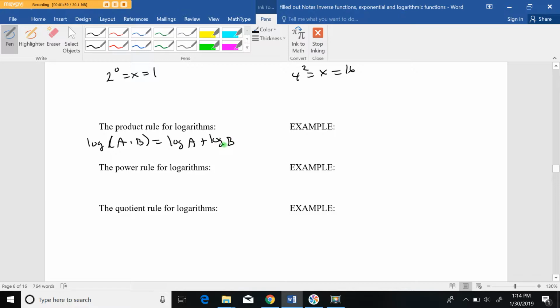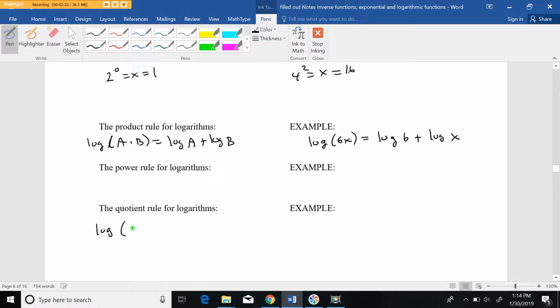All right, an example. If we had log of, say, 6x, we can write that as log of 6 plus log of x. I like to remember this: the log of a product is the sum of the logs. That's how I remember that. While we're at it, let's do the quotient rule.